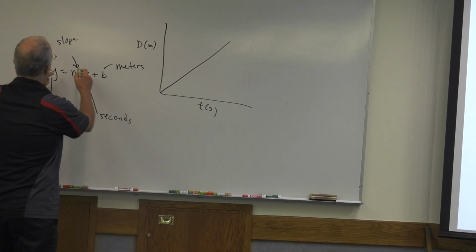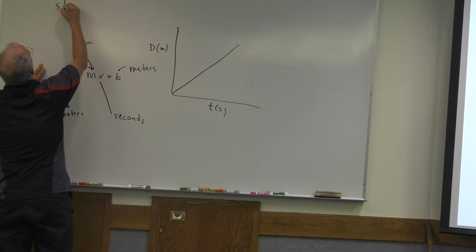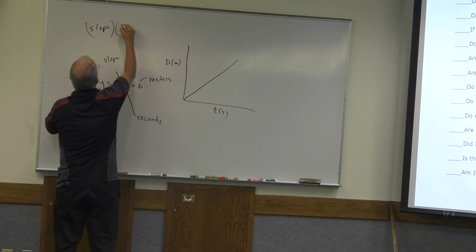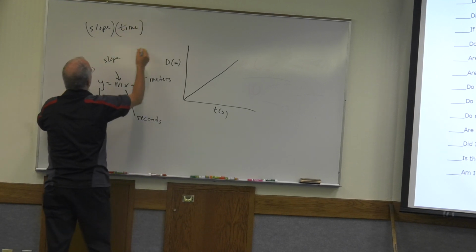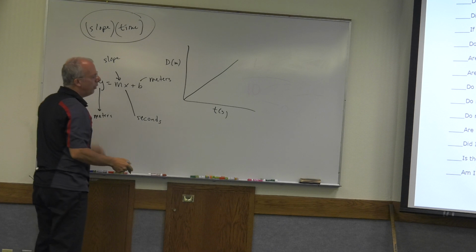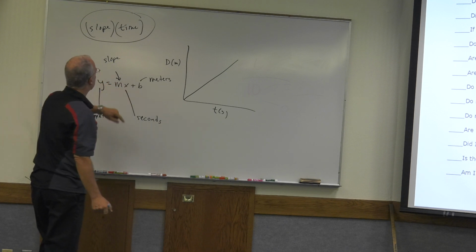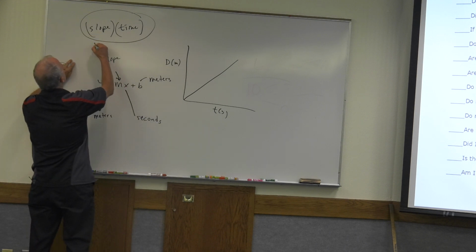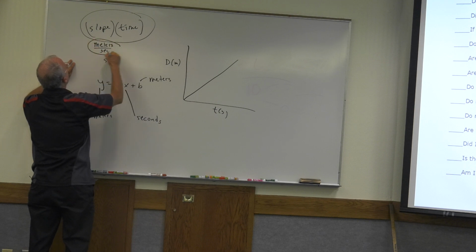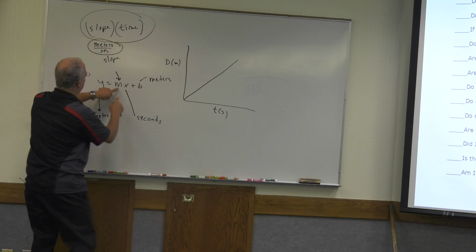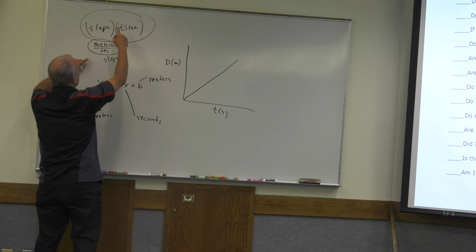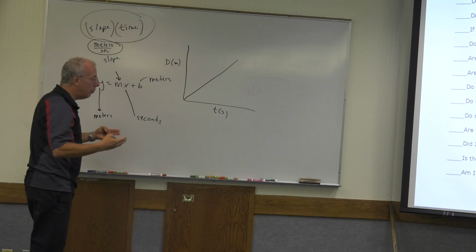So look at this mx thing here. We have the slope times the time. Now this whole thing has to have units of meters. Meters equals meters plus meters. So what has to be the units of the slope? It has to be meters per second, because if this is meters per second and this is seconds, the seconds kill and you get meters.